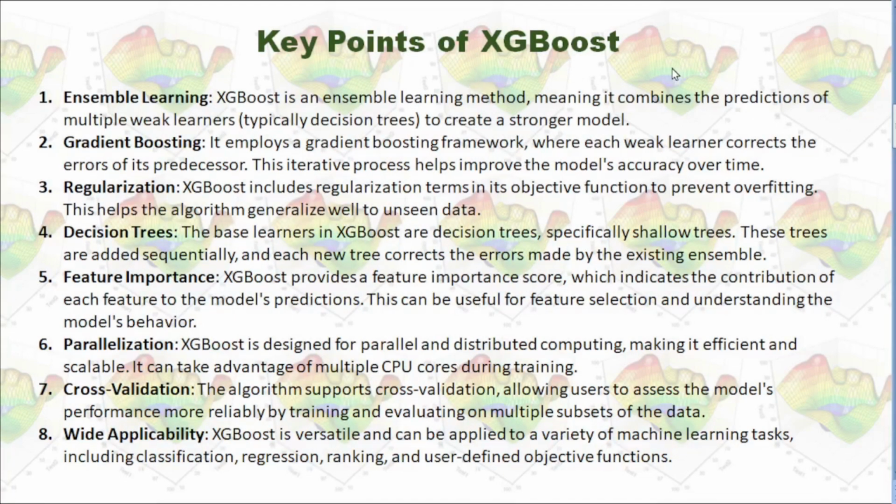In XGBoost, we have multiple weak learners, but all those weak learners are not independent. XGBoost employs a gradient boosting framework, where each weak learner corrects the errors of its predecessor.